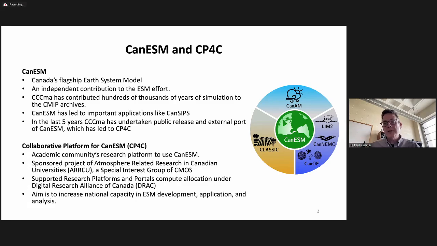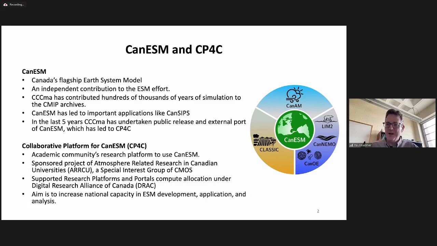Our project, CP4C, starts with the initiative that CCCMA has undertaken in the last 5 years or so to do an external port of the model. That leads me to the Collaborative Platform for CanESM. This is the academic community's research platform to use CanESM. It's a sponsored project of ARCU, which is Atmosphere-related Research in Canadian Universities.